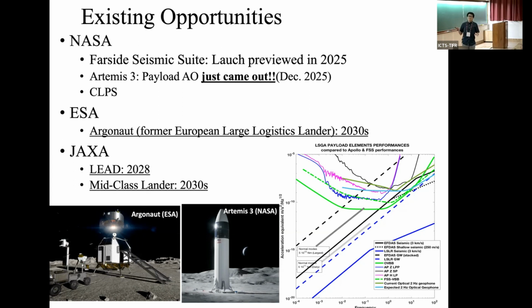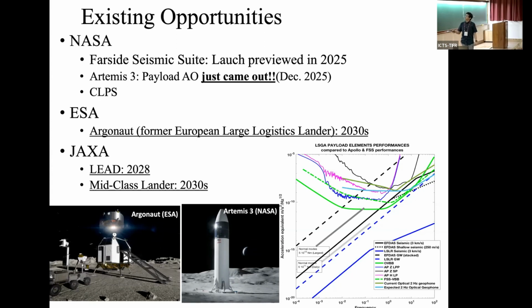What is exciting is that at least they say this will be launched in December 25, which means that we might have a small network of 2 seismometers with FSS. So maybe in the upcoming 5 years, we might have a small network of FSS and FSS2. And of course, we would like to approach other CLIPS opportunities if there are any.